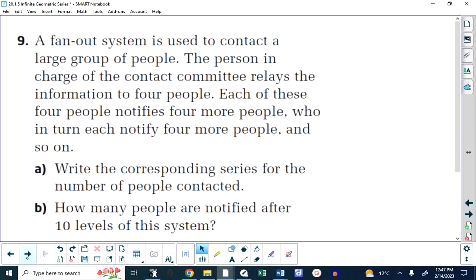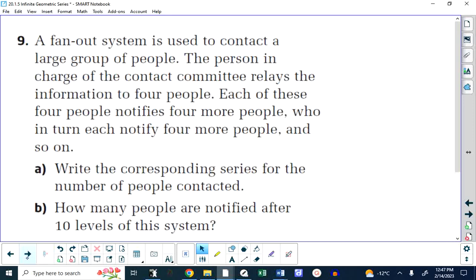Now, we have a little bit of an issue here, and it's kind of like that bouncing ball, which is that the first person, the committee head, I don't consider them to be a person who's contacted. The person in charge relays the message to 4 people.